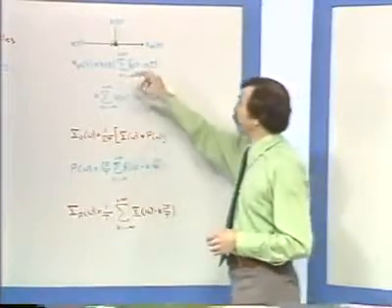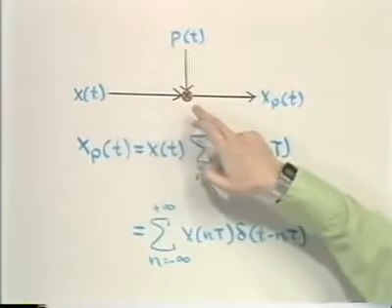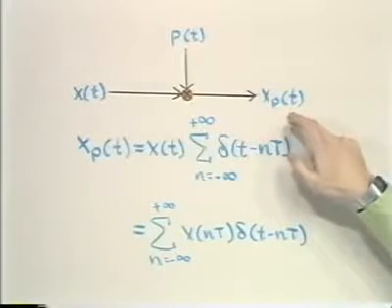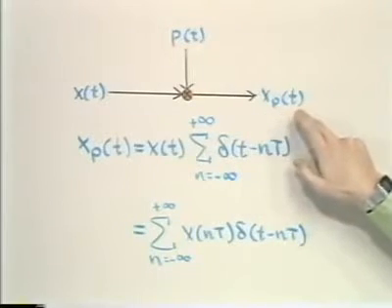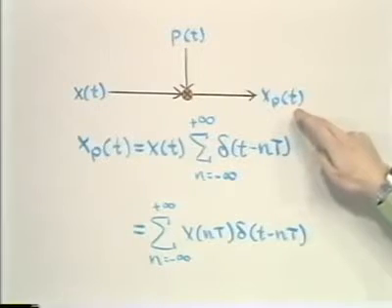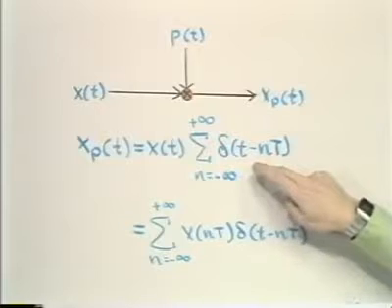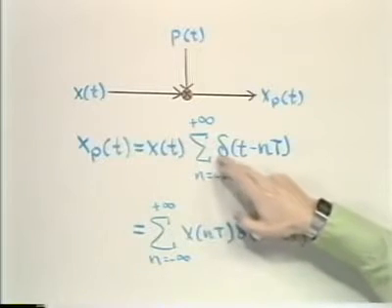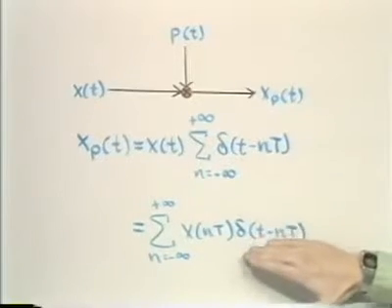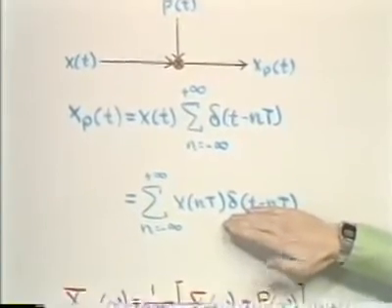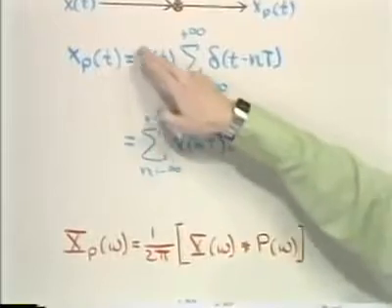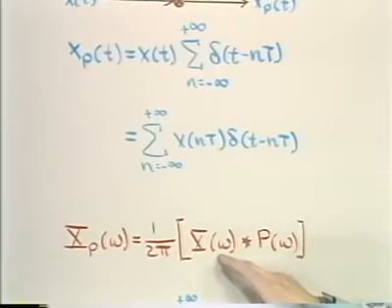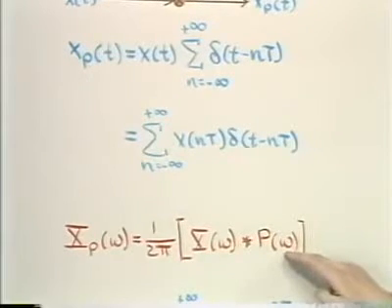In particular, if we have our signal x of t multiplied by an impulse train to give us a sampled signal, another impulse train whose areas are samples of the original time function, then, bringing x of t inside this sum, if we examine either of these equations in the frequency domain, the Fourier transform of x sub p of t is the convolution of the Fourier transform of the original signal and the Fourier transform of the impulse train.